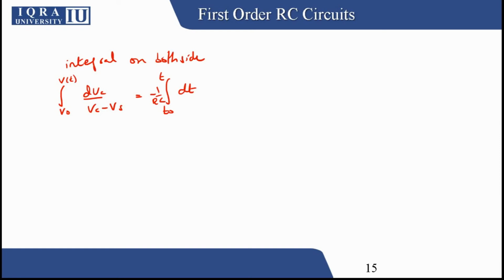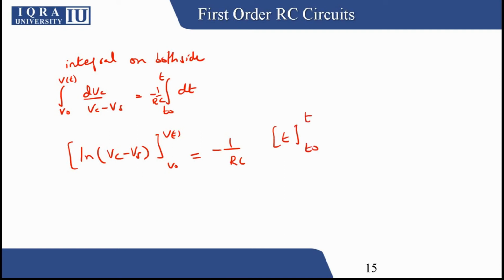So the integration of dVc by Vc minus Vs will be ln of Vc minus Vs, and the limits will be V naught to V of t. On the right side, the integral of dt is only t, so we have t naught and t.